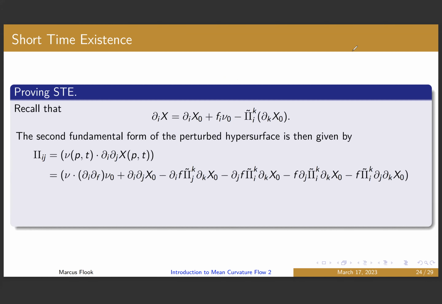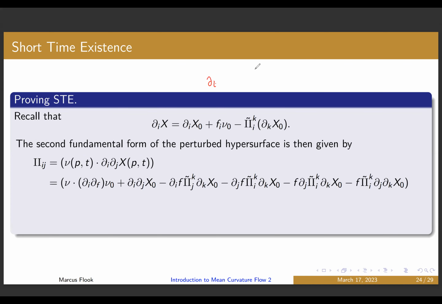Most of the time, it's just applying your standard product rule techniques, nothing too difficult there. The main aspect that I want to highlight is that when we were looking at the initial PDE, we have a PDE that looks like this, where we have the initial normal vector and the new normal vector.